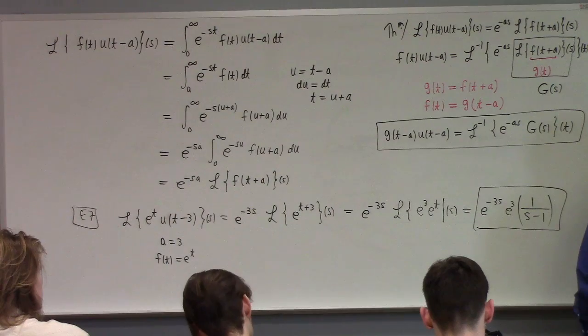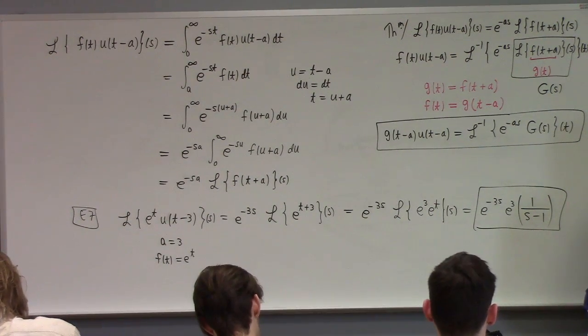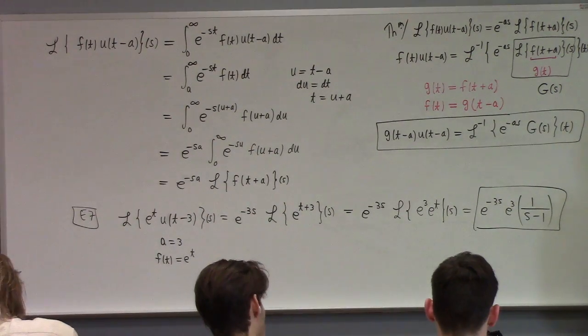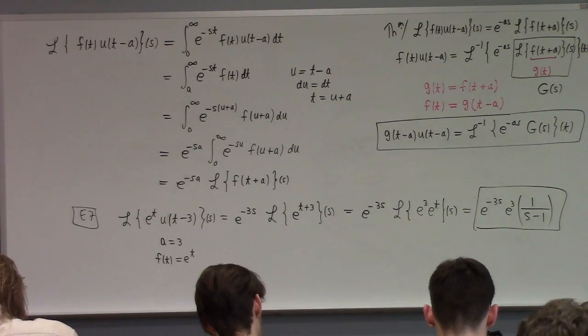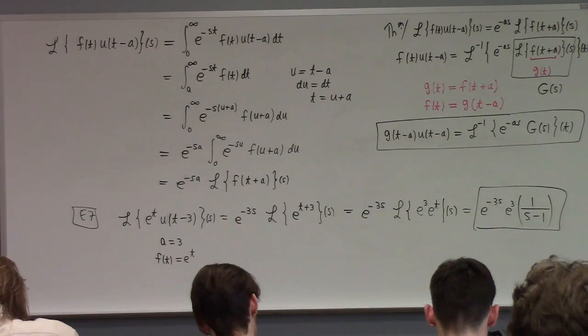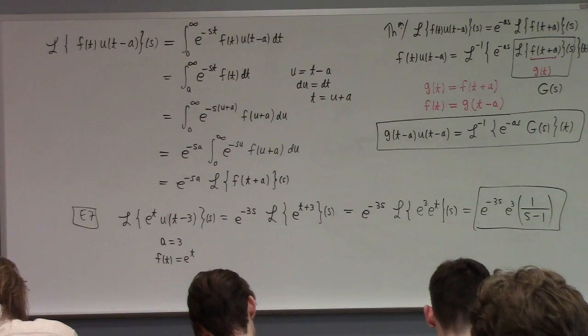This gives us y is equal to e to the minus pi s over 2 times 1 over s times s squared plus 1, plus e to the minus 3s times e cubed over s minus 1 times s squared plus 1.